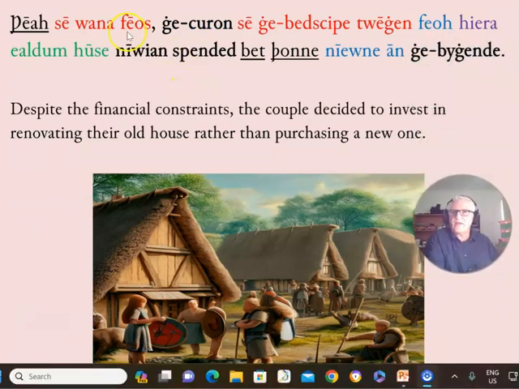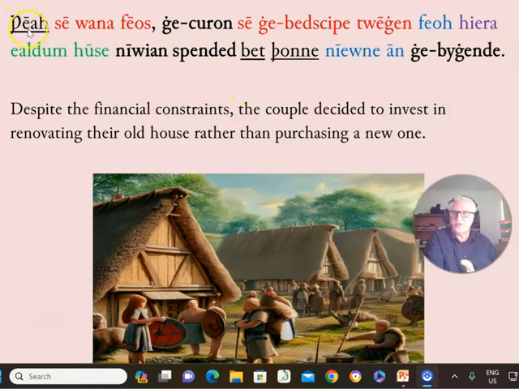Okay, one last one. Theach sewana theos yukoron se je bedshipper tawean ver hiare eldam husa, niwien sepended bet thona niwene an je boeiende. Okay, it took me a while to translate this one as well. Despite the financial constraints.